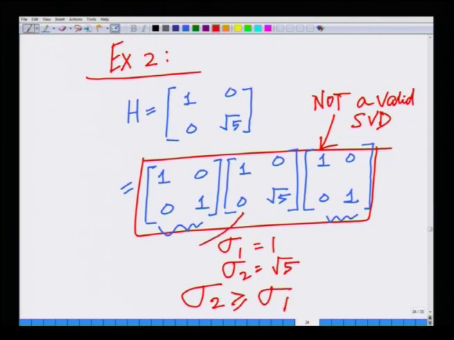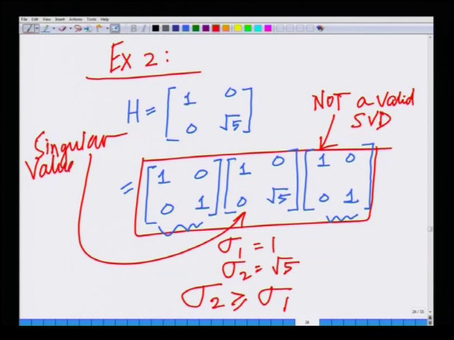So, the singular values are not ordered, hence this is not a valid SVD.